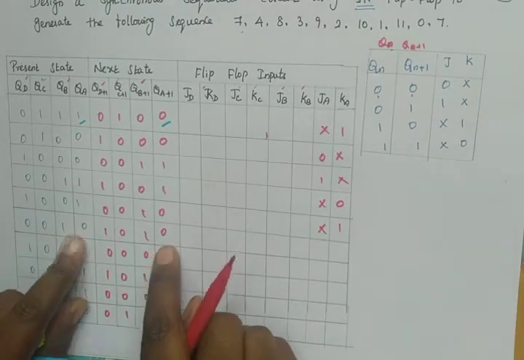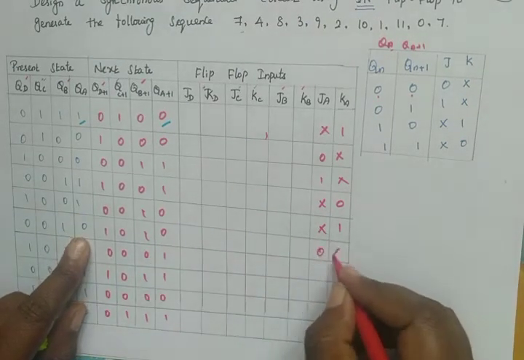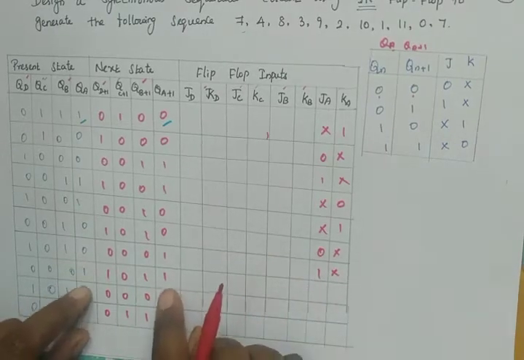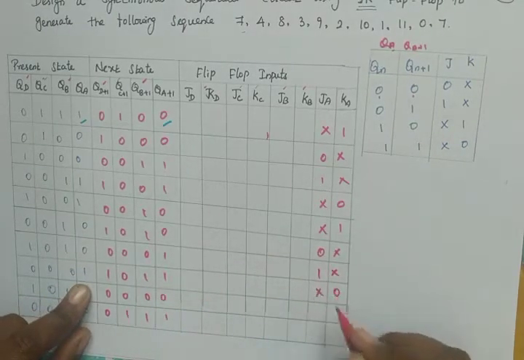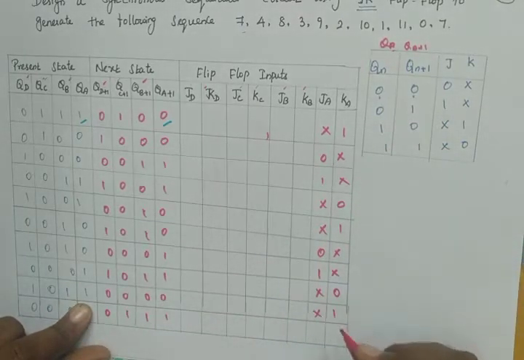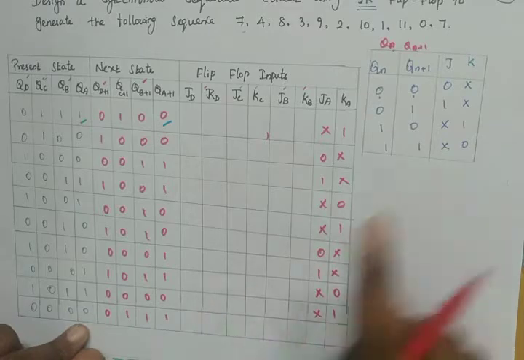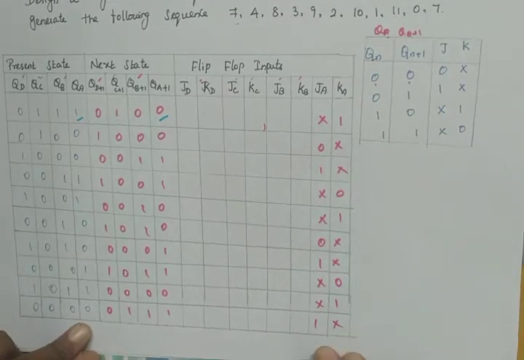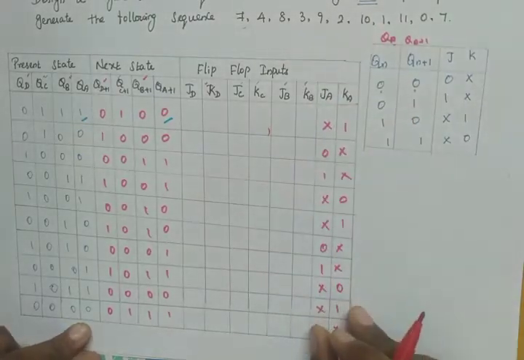Then for 0, 0, 0X. 0, 1, 1X. 1, 1, X0. 1, 0, X1. For 0, 1, 1, X. So we have completed this JAKA.